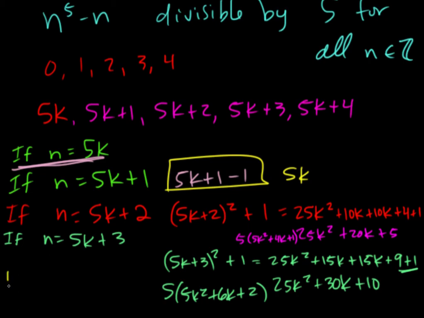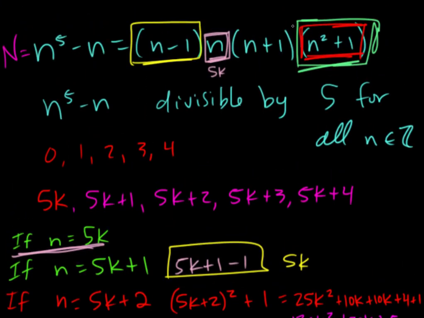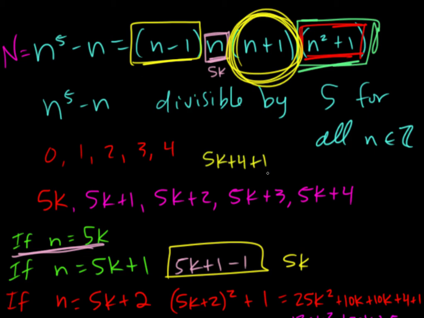And then if n is equal to 5k plus 4, we can look at this factor. If we do 5k plus 4 plus 1, 5k plus 5, we can definitely factor out a 5. So it's divisible by 5.